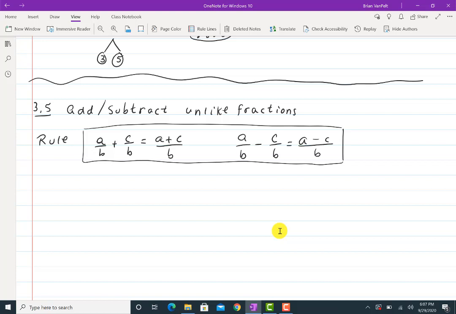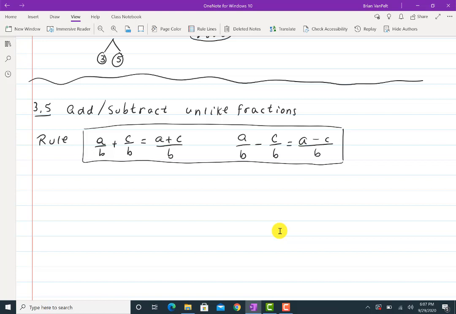If the denominators are not the same, then we have to do something to make the denominators the same. That's why I only have one rule for addition and subtraction, because we're going to be given fractions with different denominators, and we are going to make them look like this. So let me write this.